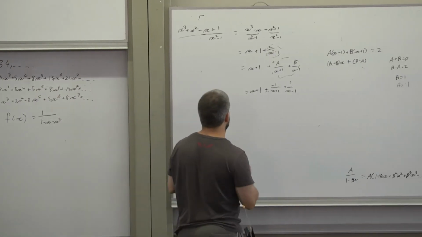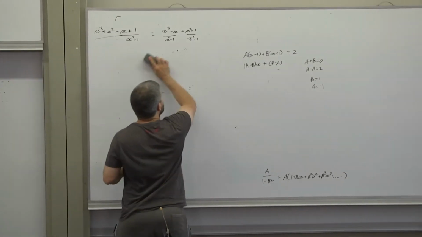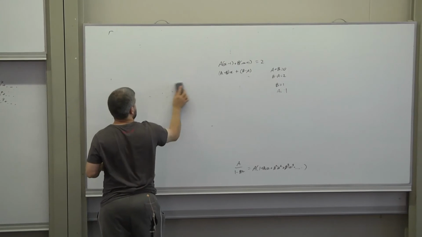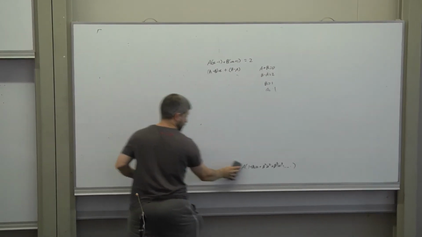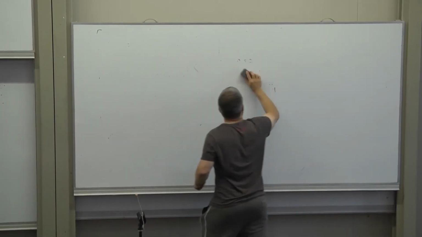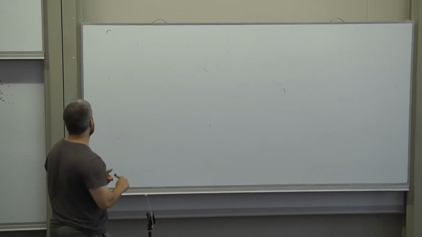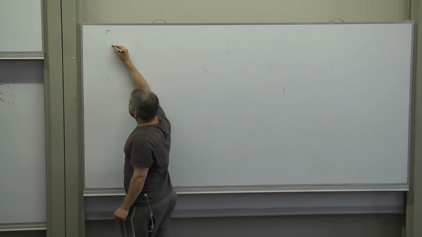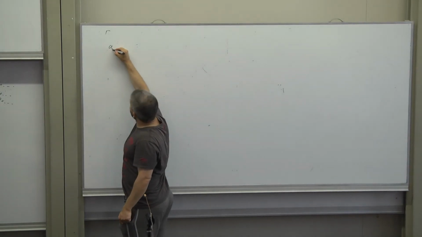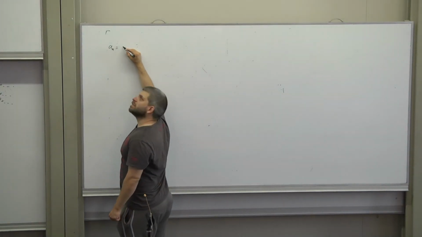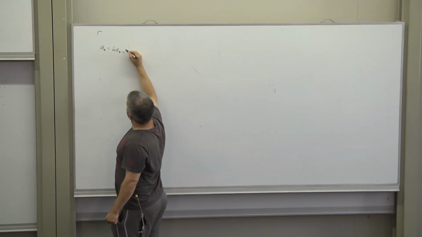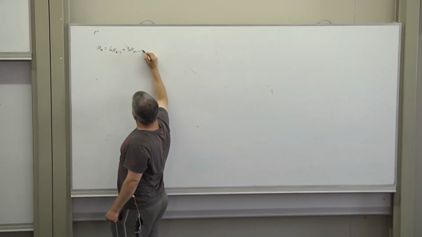Now, maybe let me be a little bit more exact with that. Okay, imagine I write a_n is 4a_{n-1} plus 3a_{n-2}.